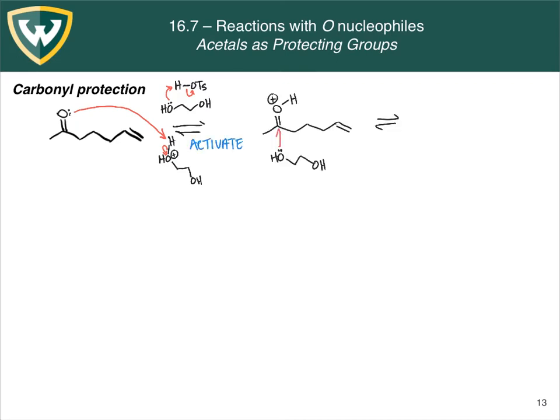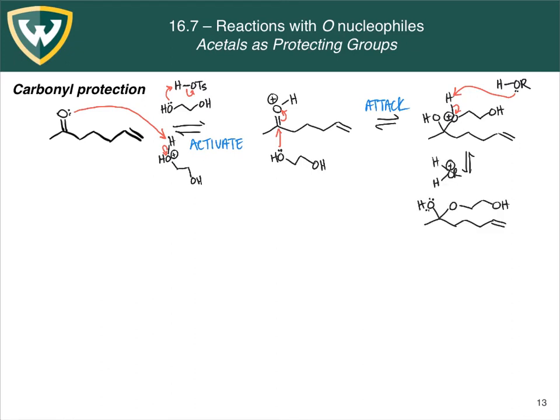Next, our nucleophile is going to attack the activated carbonyl. And now we're going to adjust our protons. So we need to make this one neutral. And we're going to activate our alcohol for becoming a leaving group. Our lone pair is going to help us kick out water.